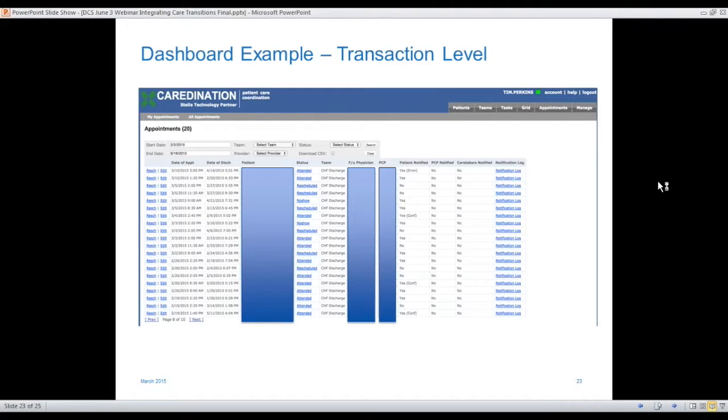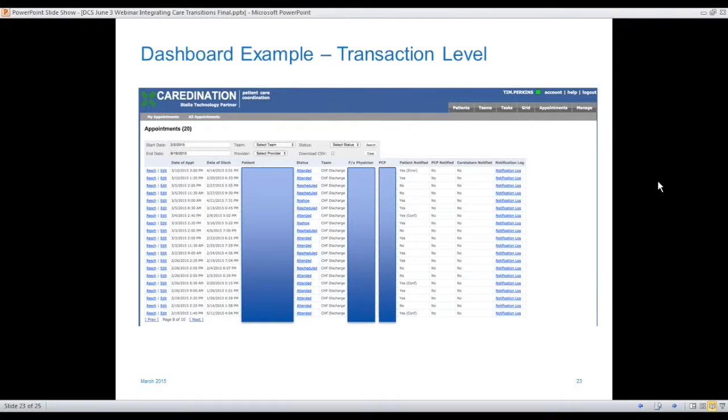At the details level, you can go and take a look by patient. This is an actual report from a client we're working with, and so we've redacted the patient's name and the things that would make any of this PHI, so we can show it to you. But it shows patient by patient, date of appointment, date of discharge, the status. This report's looking at post-discharge appointment adherence and allows the care team inside the hospital to be able to look and track and say, how are my patients doing relative to post-discharge appointment?